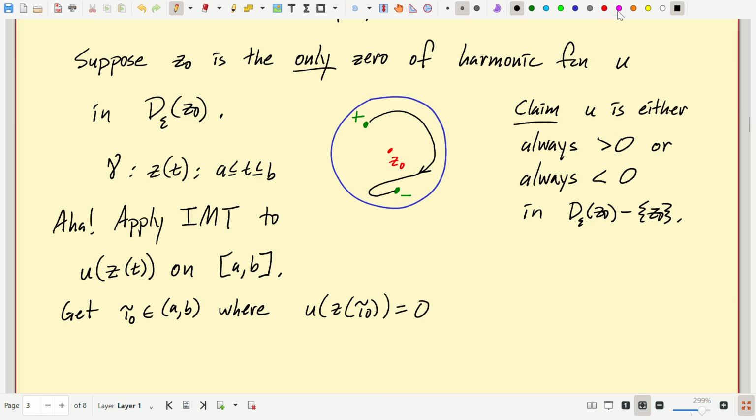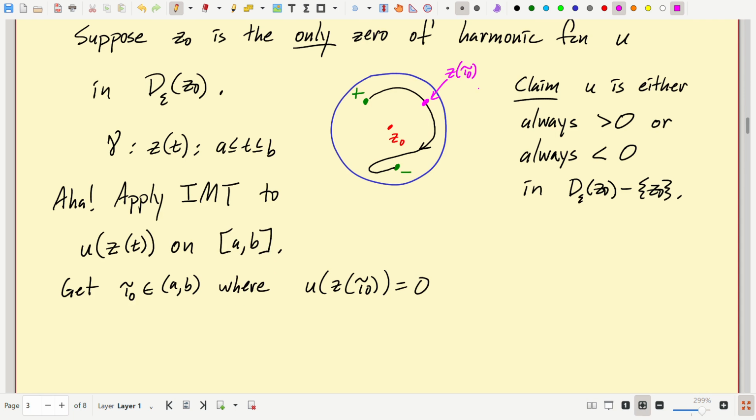That z of tau naught would be a 0, and that violates the fact that z naught is the only 0. So that's a contradiction. z naught is the only 0 in the disk.